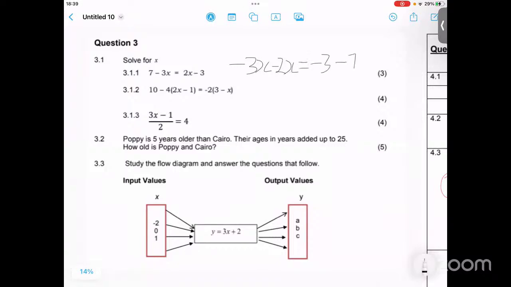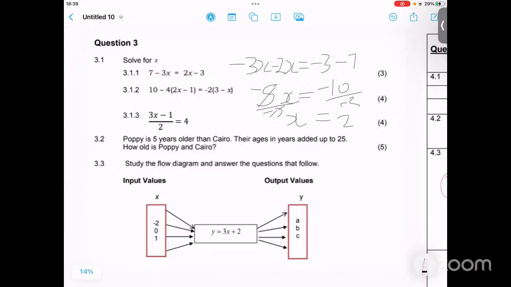Then we're going to have -5x is equal to -10. Then we're going to divide both by -5. And then x is equal to 2.